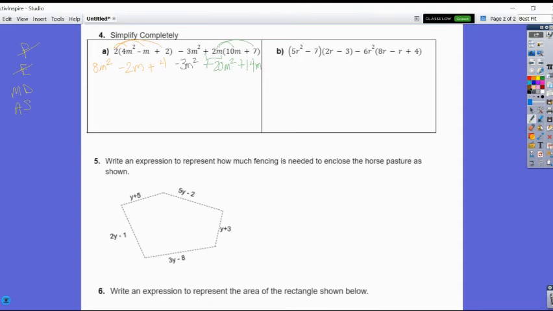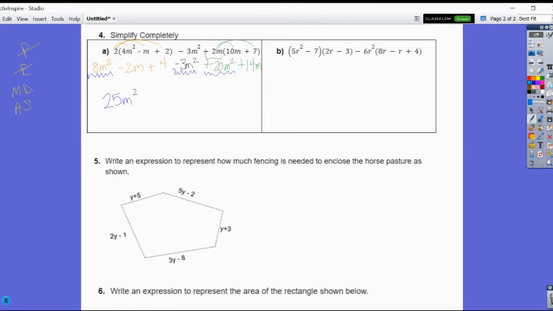So then we go ahead and we search for like terms. 8m squared and -3m squared and 20m squared. They all have that m squared, so we just add those coefficients. The 8 plus the -3 would make it 5, and then we're going to add on the 20. This puts us at 25 with the exact same m squared.